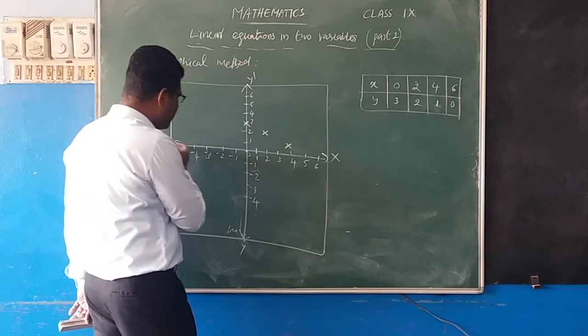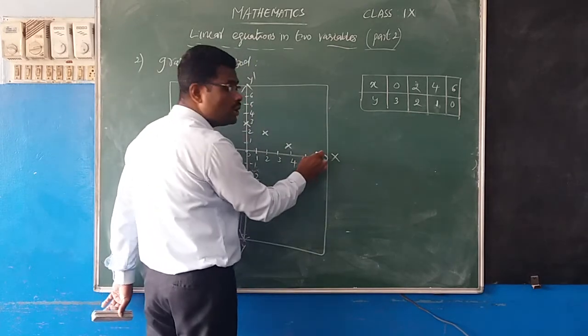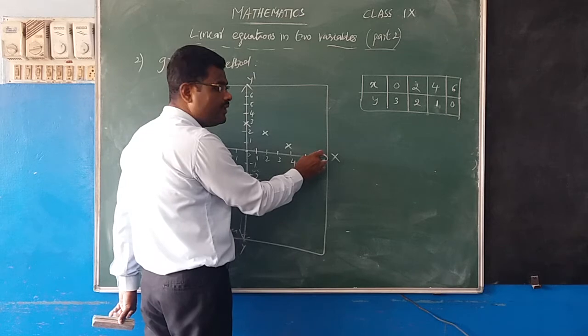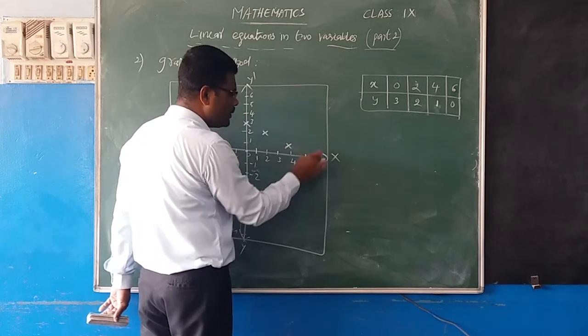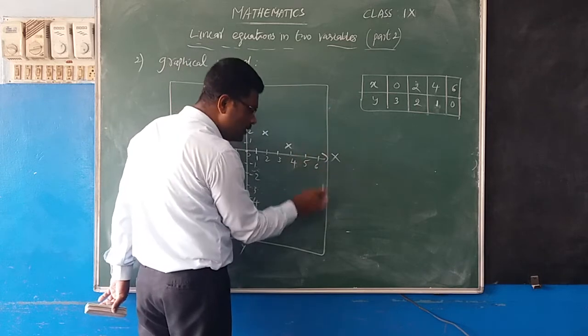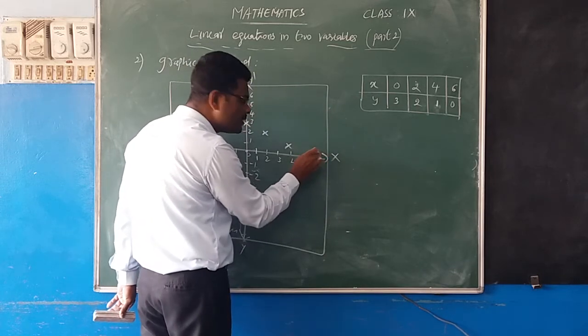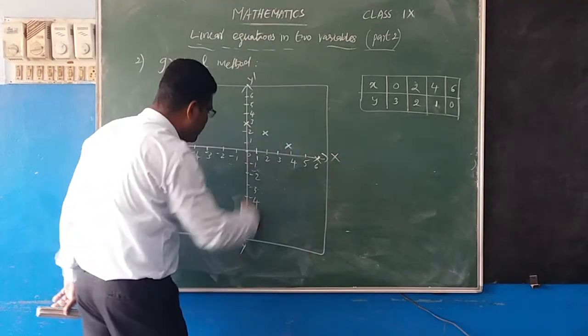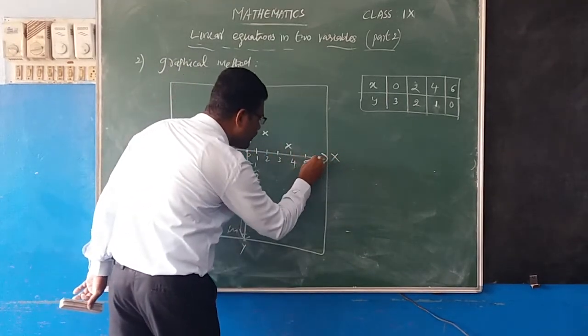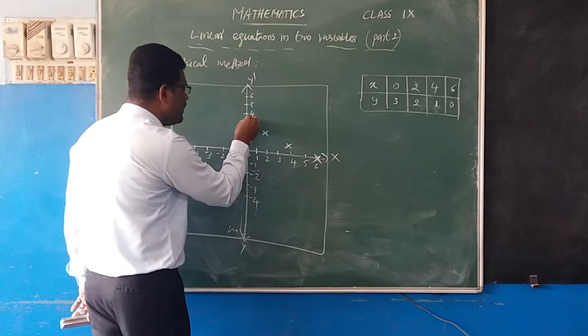The last one is x is 6, y is 0. If it is plus 1 upwards, minus 1 down, plus 2 up, minus 2 down, plus 3 up, minus 3 down. From 6 we need to start. 0 means itself. X axis 6, y axis 0. So we need to locate it here. So what does it indicate?